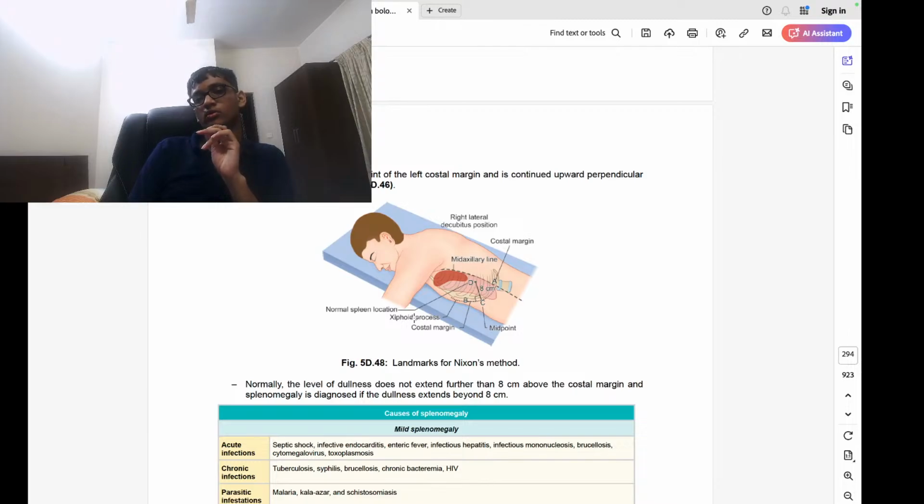Right lateral decubitus position: you have the costal margin, you have the midpoint, the xiphoid process, and now the splenic location.